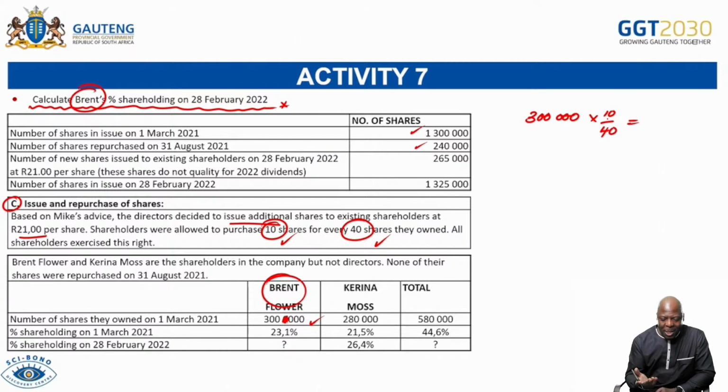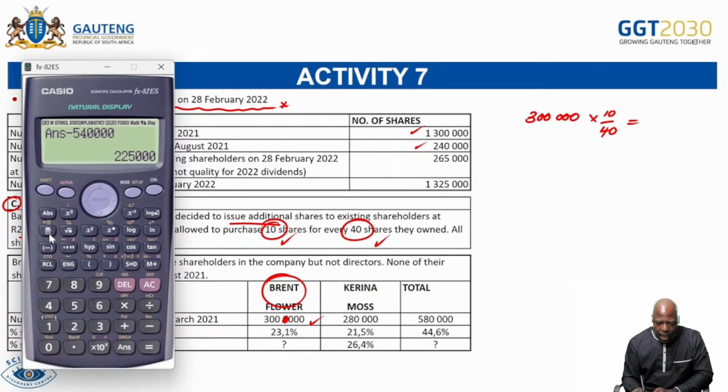There are other ways that you could have done this. You could have simply divided by 40 and multiplied by 10. That would still have given you the answer. So it is 10 over 40, multiplied by the 300,000.